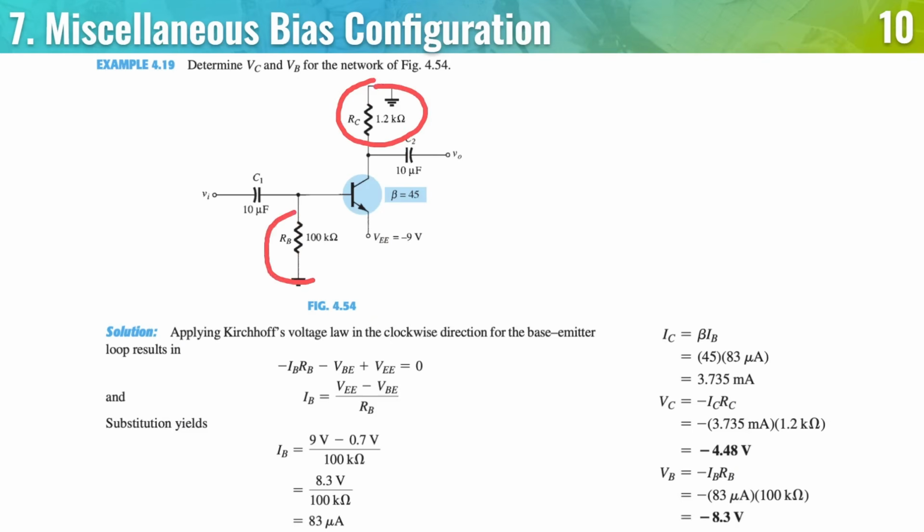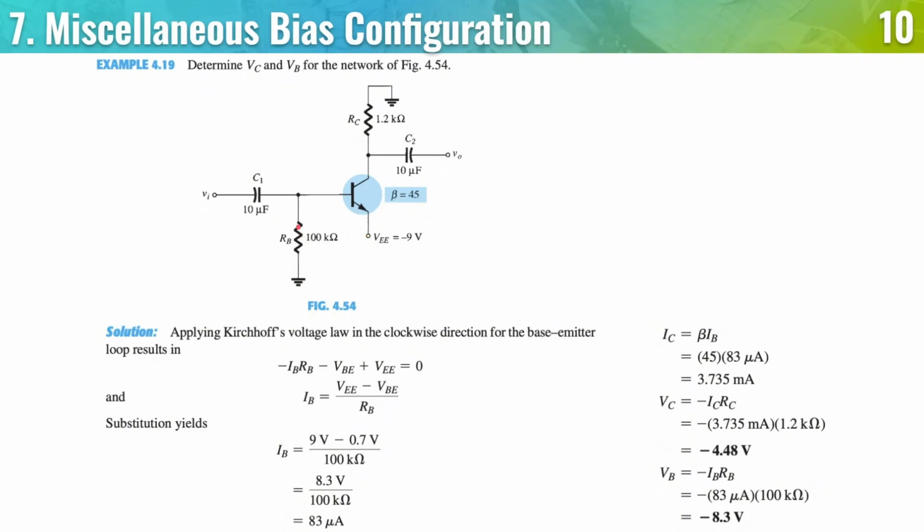There's a fixed bias, except the voltage is not here anymore, but rather it's here on the bottom. So I think since I don't know the pattern for it, the safest bet is to just use KVL. So using the clockwise direction for the base emitter loop, the base is here and the emitter is here. We can connect it this way.